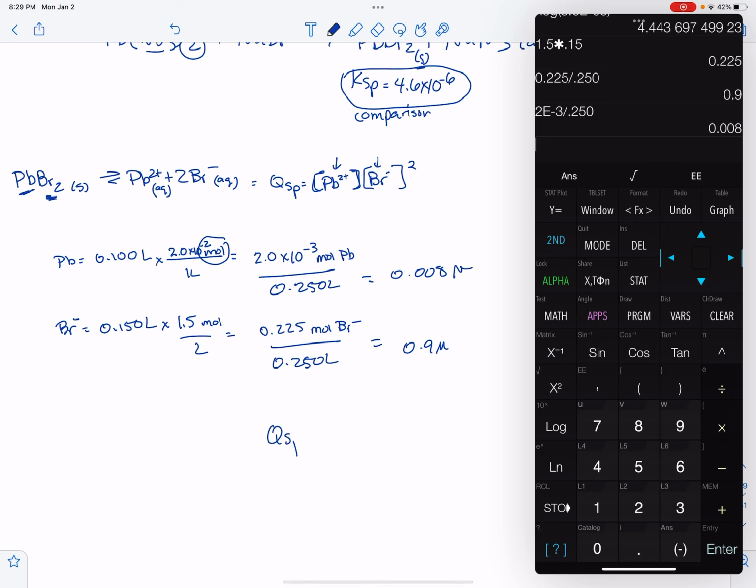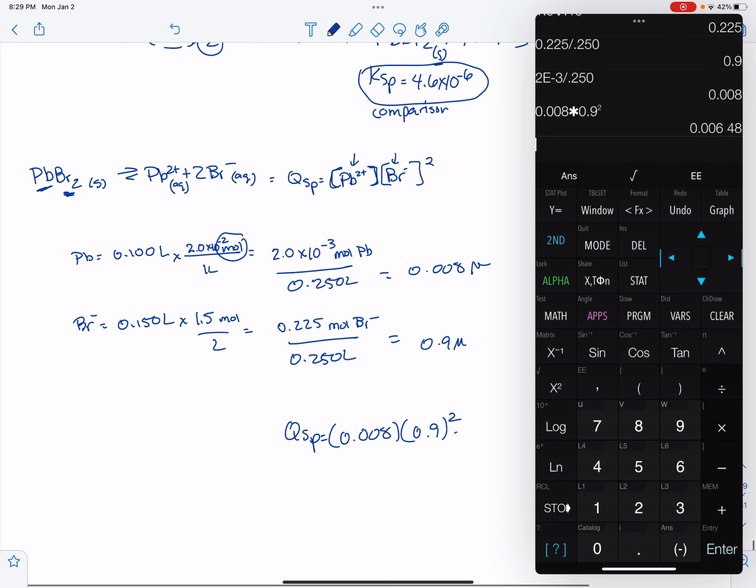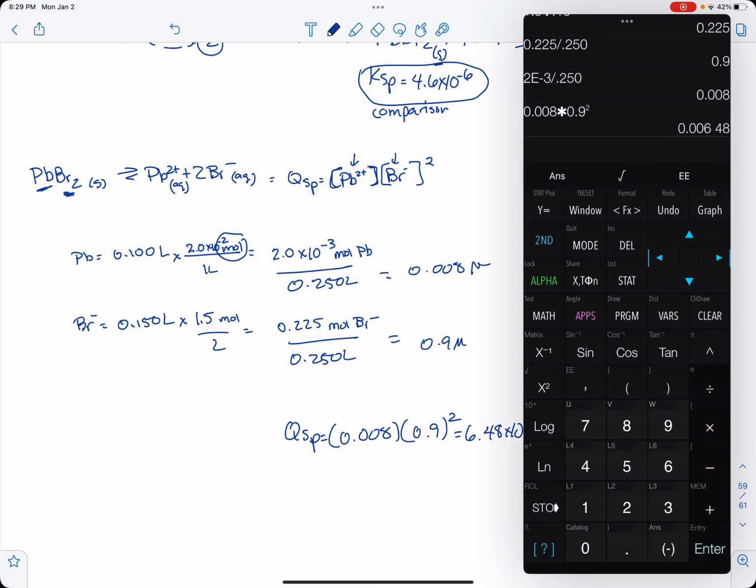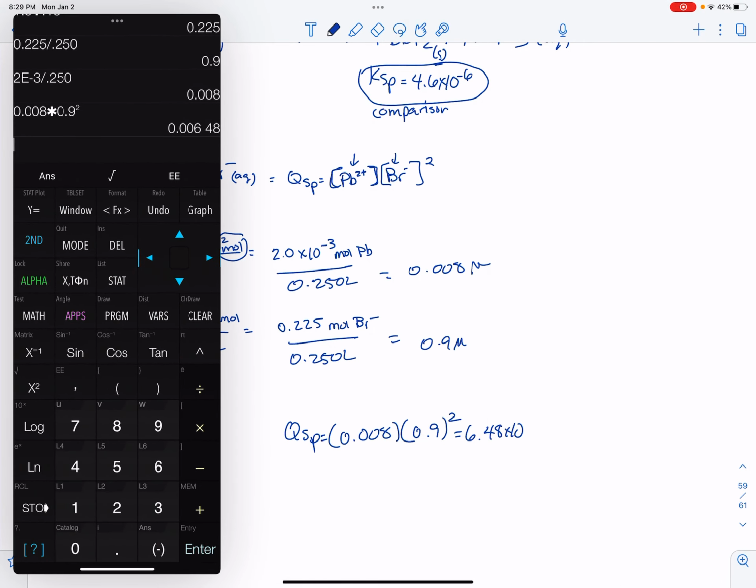So my Qsp becomes 0.008 times 0.9 squared. So I've got that number times that number squared. Gives me 6.48 times 10 to the negative 3.